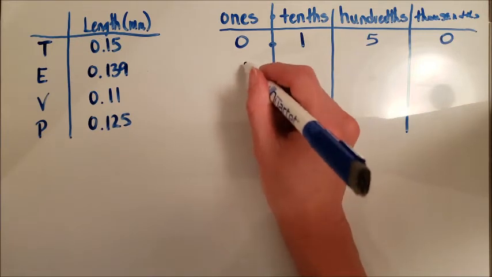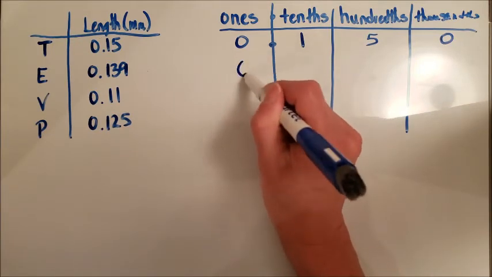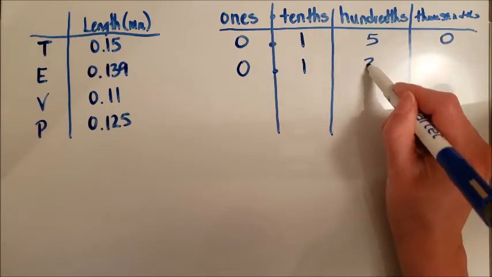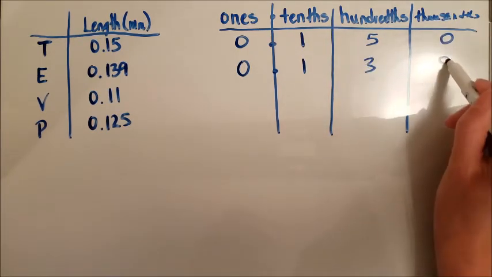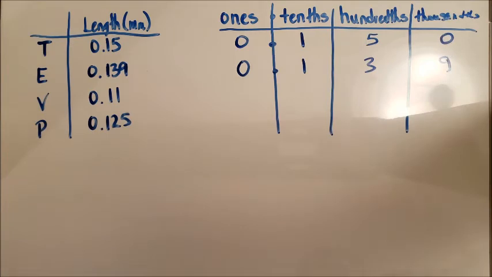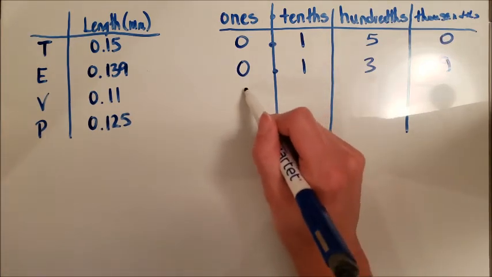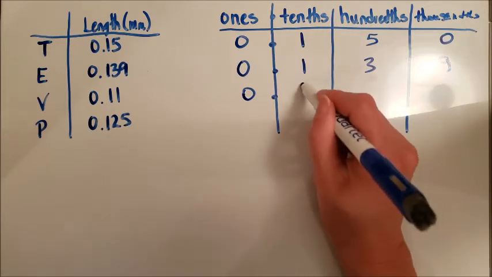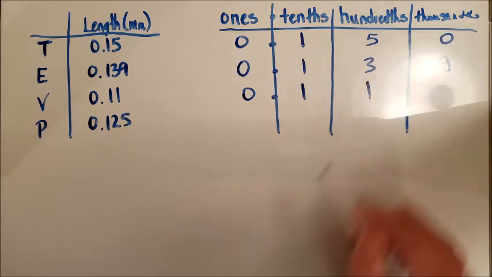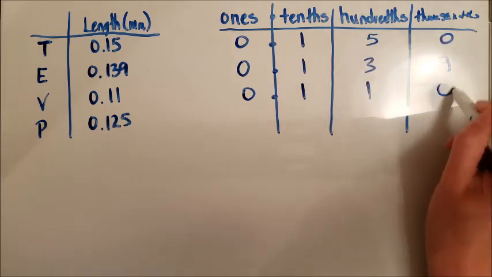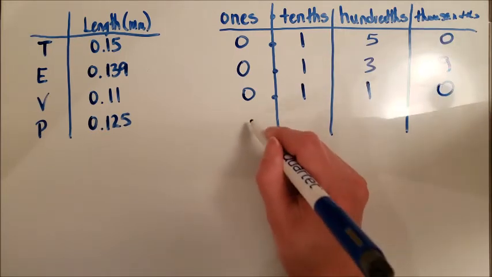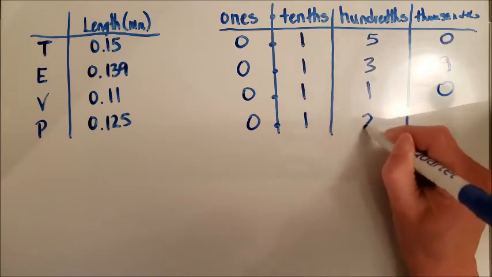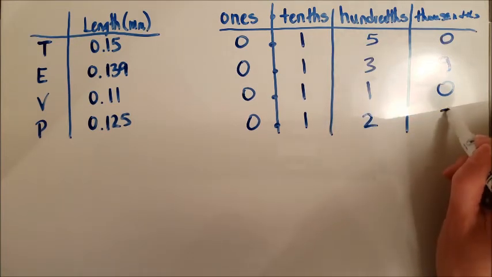The euglena has 0, decimal, 1 tenth, 3 hundredths, and 9 thousandths. Then the vorticella is 1 tenth, 1 hundredth, and 0 thousandths. And the last one, the paramecium, is 1 tenth, 2 hundredths, and 5 thousandths.